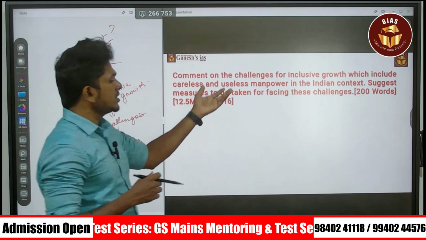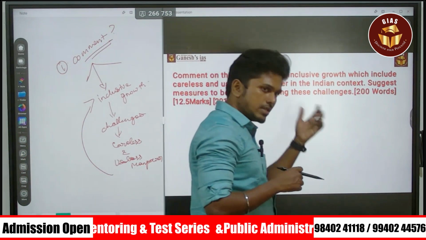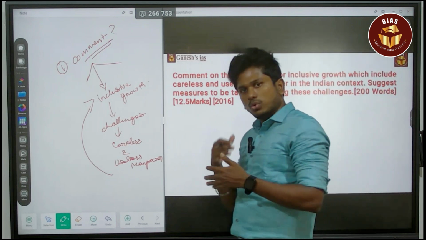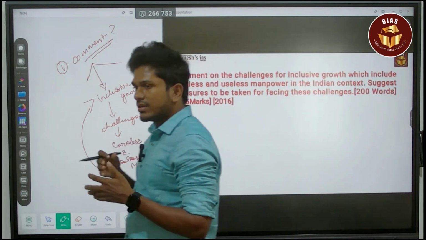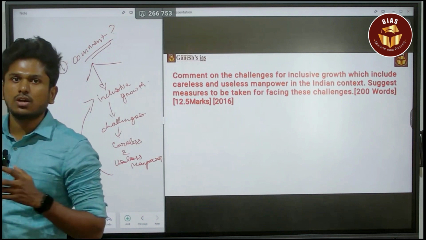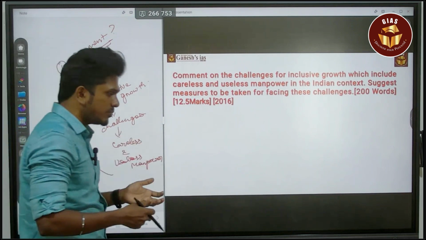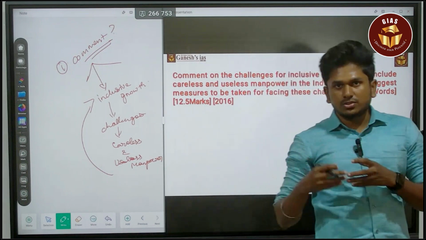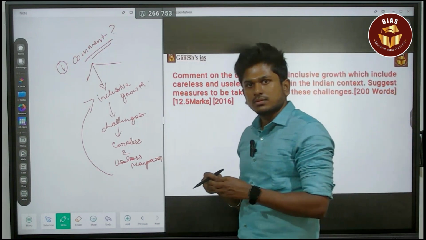So these are the things based on which I am saying that inclusive growth is facing challenges due to this careless and useless manpower. In such a way you can say that, or else you can say in a different manner. No, the challenges for the inclusive growth are not only about the careless and useless manpower, but at the same time issues with certain government institutions and private players.